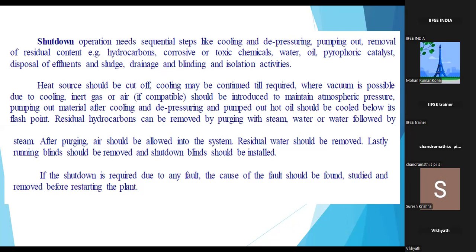For example, hydrocarbons, corrosives, toxic chemicals, water, oil, pyrophoric catalyst, disposal of effluents, sludge, drainage, and blinding.